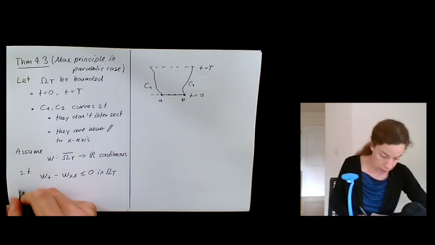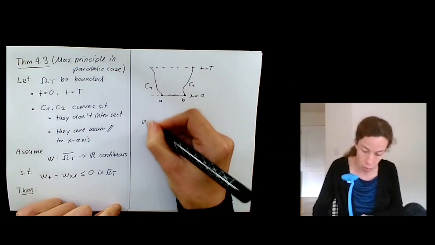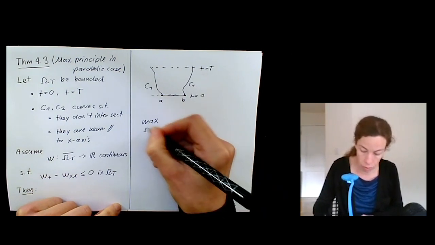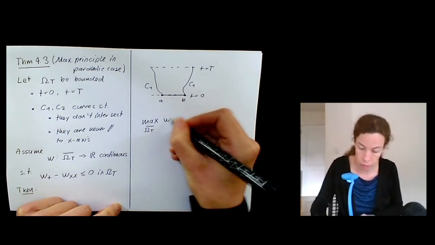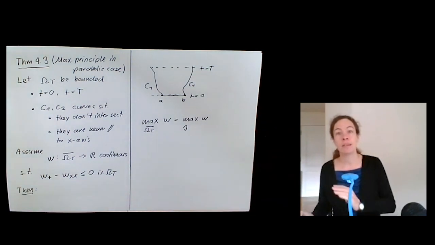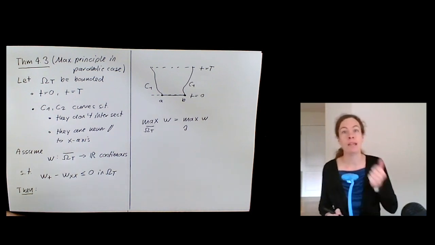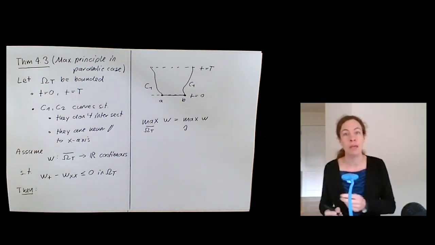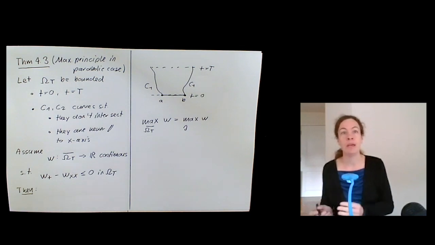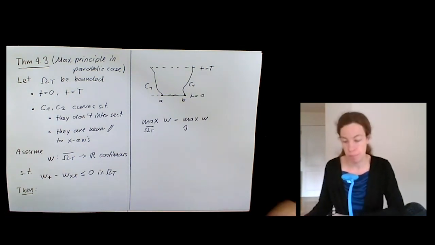And if I know this, then I can conclude that my maximum over the whole domain, omega t of W, is the same as the maximum of W taken over the set where I impose data, and that's what we call the so-called parabolic boundary. So the part of the boundary where for a parabolic problem it's the right thing to impose data.